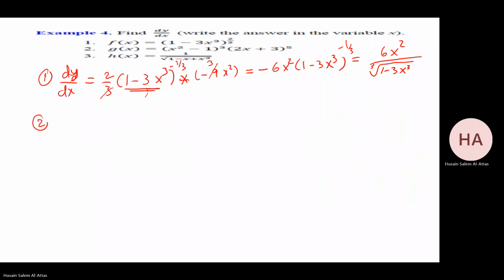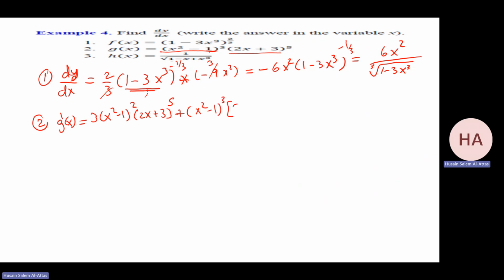Second one, it's two things. It's product and quotient and the chain rule at the same time. So it will be g prime. It will be the derivative of the first, which is 3x squared minus 1 squared, times the second, plus the first times the derivative of the second, which is 5 times 2x plus 3 to the power 4 times the derivative of this.